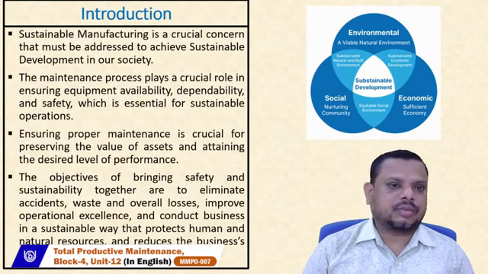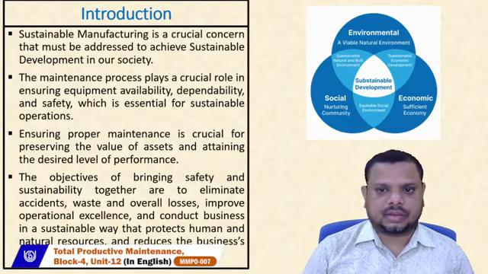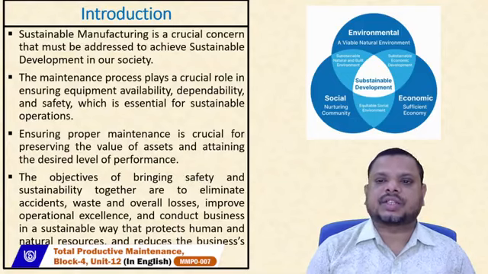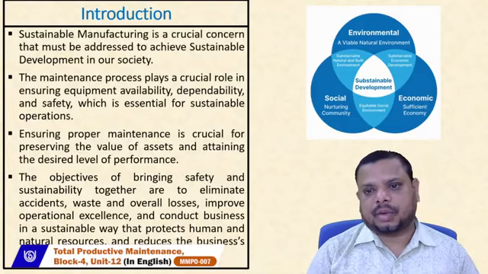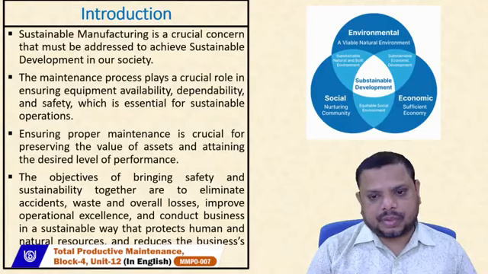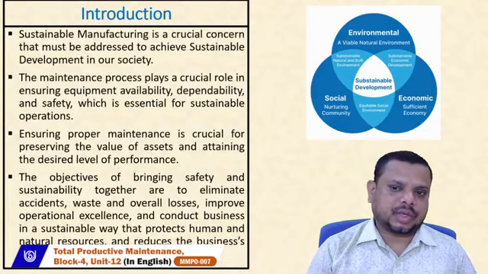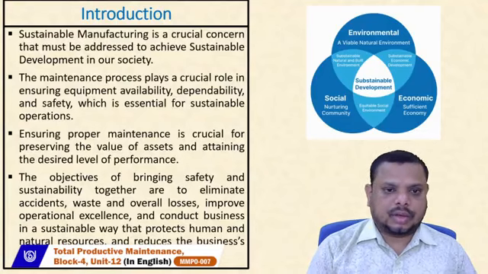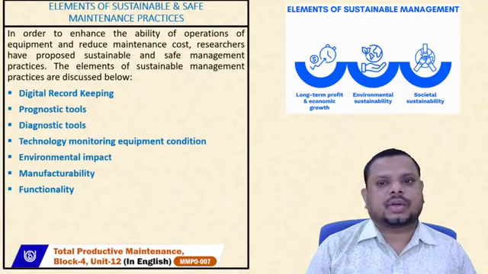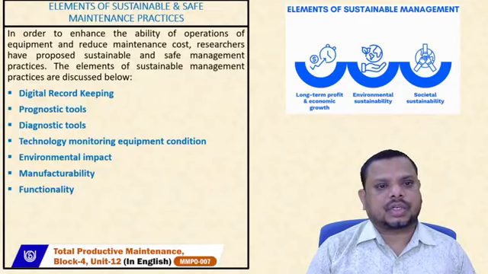So this is the overview of today's session, especially with reference to sustainable manufacturing and how it is achieved by implementing the environmental aspect, economic aspect, as well as the social aspect to achieve sustainable development. Moving to the next one, the next topic we have is elements of sustainable and safe maintenance practice.